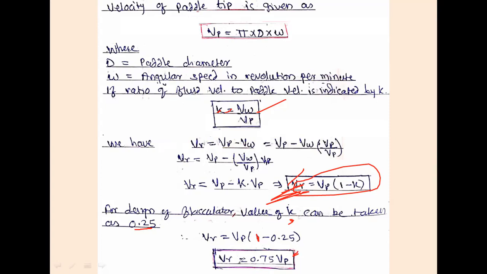So what is Vr? Vr is the relative velocity between paddle velocity and fluid velocity. So that velocity is equal to 0.75 times the paddle velocity Vp.